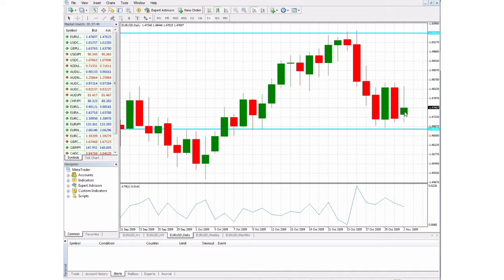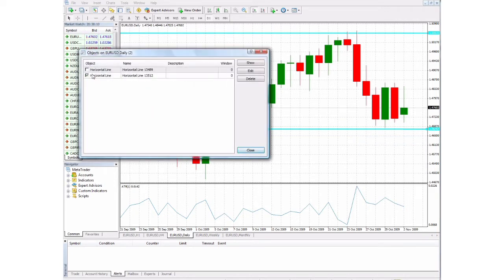Then you choose how many days, or if it's a weekly chart, you choose how many weeks you want to use for a breakout. Now in this case, that was a 10-day. Let's take the objects list real quick. Got to remove both of those.